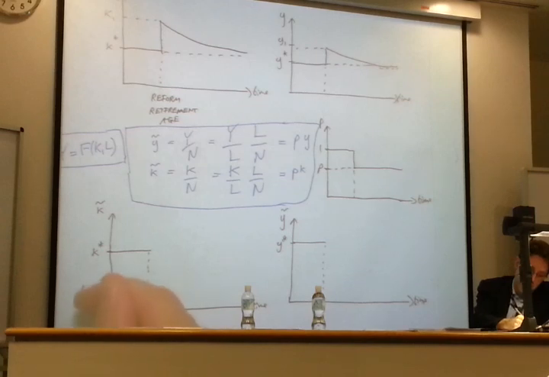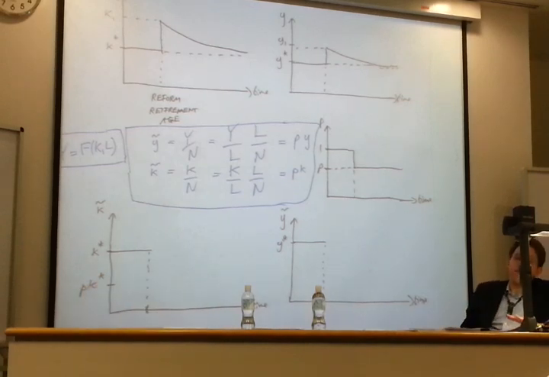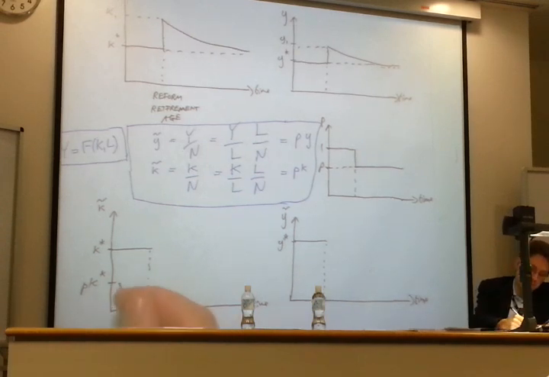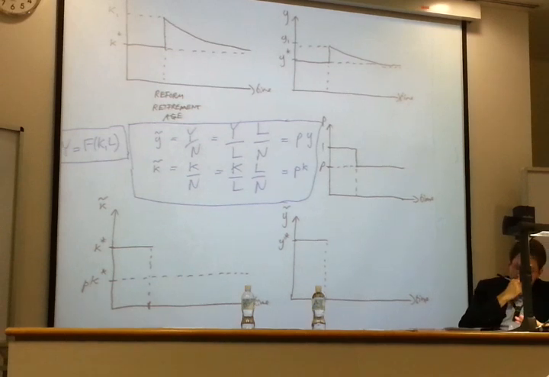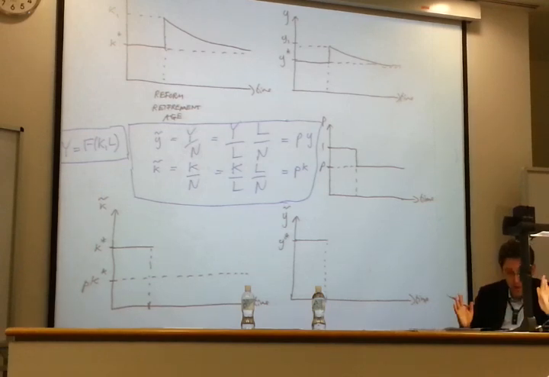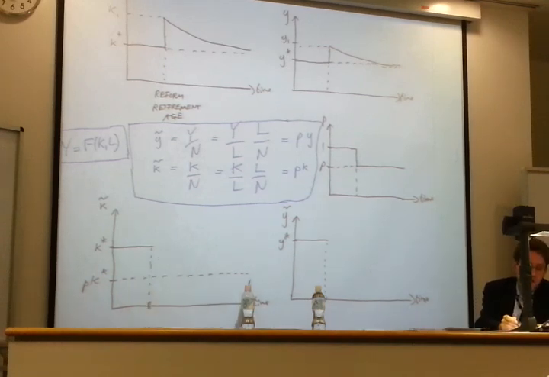So P times K star must be below where we started. So we must reach this point below where we started, capital per person in the long run. Make sense? Now, how will you get from here to here?